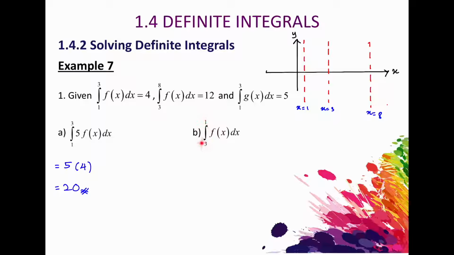Since it's upside down, it's equal to the negative. So this is equal to the negative of the integration from 1 to 3 of f(x) dx. We know that that is equal to 4, so we get negative 4.